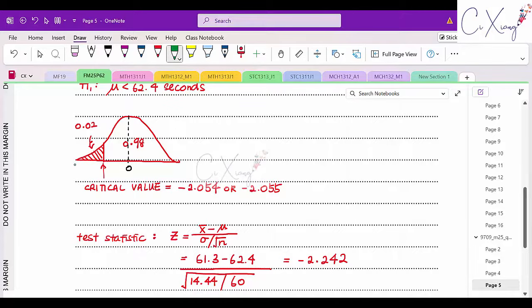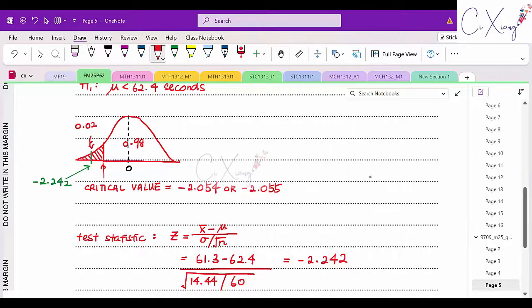I know that it should be located somewhere here because this red color line is negative 2.054. So the negative 2.242 should be before the negative 2.054.